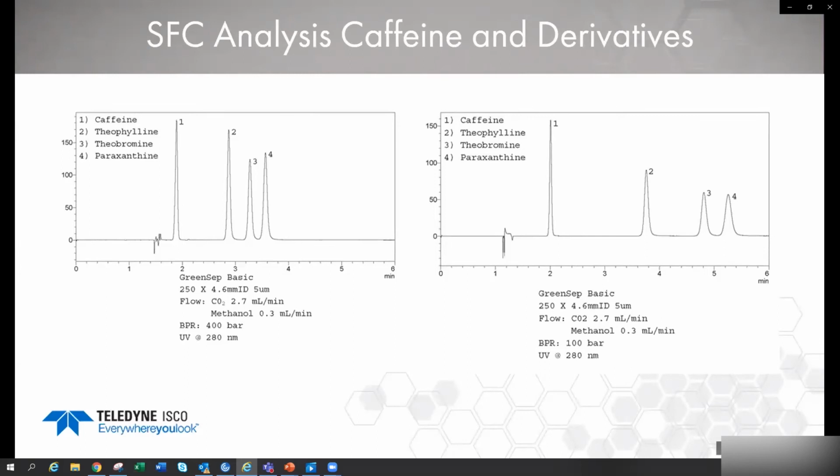Our alphas or k primes for each of those compounds are probably fairly similar. But if we're going to stack injections, the peaks are much sharper. We can probably load as much, but with a much shorter retention time, we can stack injection after injection and have a much higher throughput of material. So that's the benefit of having shorter run times.